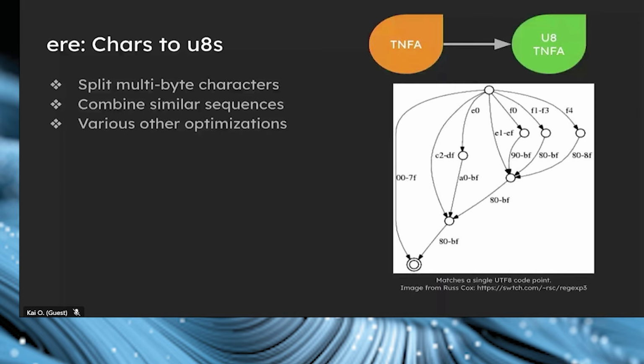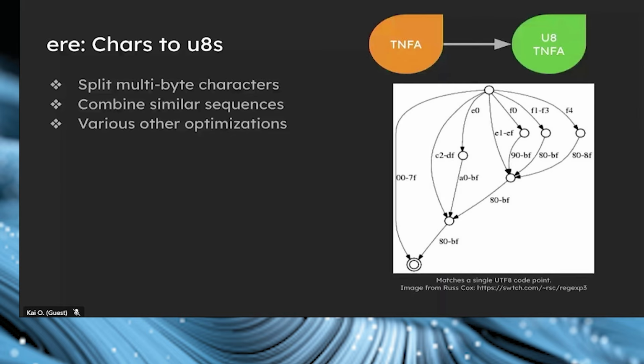But I guess the code I wrote will convert from chars into UTF-8, which will add a large number of states if you're not using only ASCII in your regular expression. And that also includes if you have negated sets, because if you say anything that's not an A, that includes all of the UTF-8 code points that aren't an A, which is a lot of them.